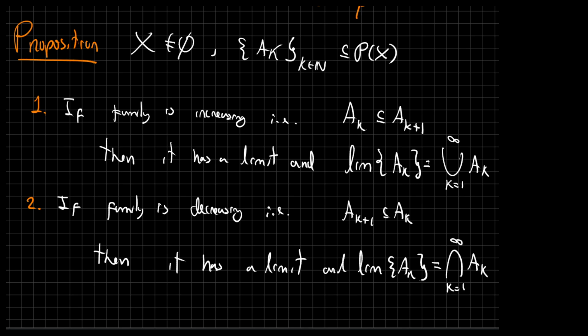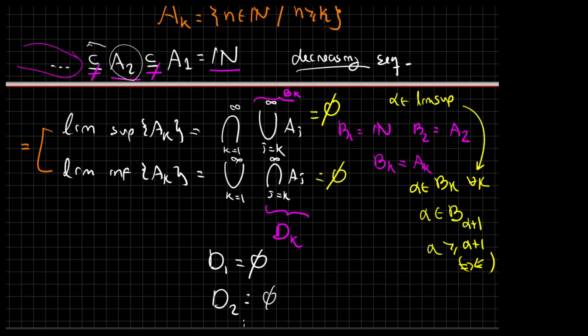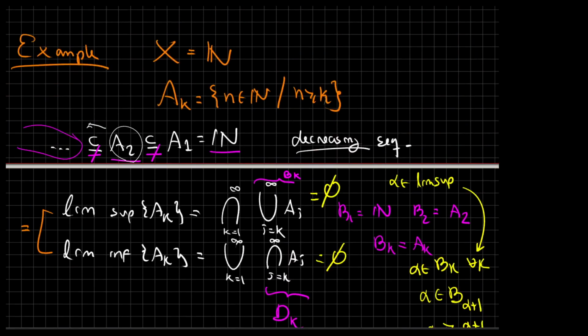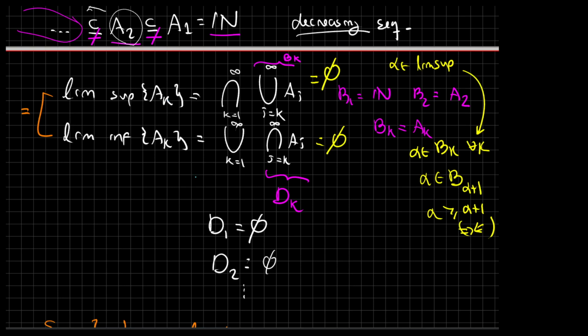So this is exactly what happened in the previous case, right? We had a decreasing sequence, and these two were equal, and in fact, even though this was a union, it was finally just intersections, right? Because everything was equal. I mean, D1 was equal to D2 and so on. So it was just the intersection.